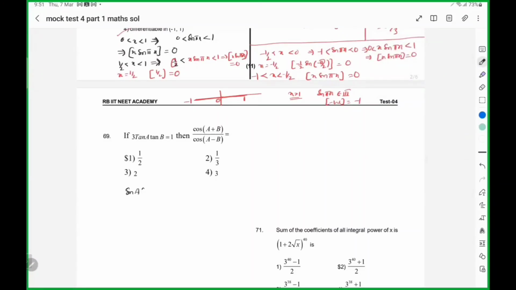Here, sin A sin B by cos A cos B is 1 by 3.